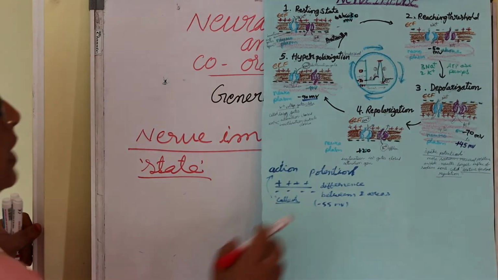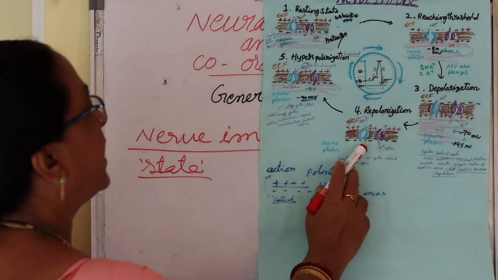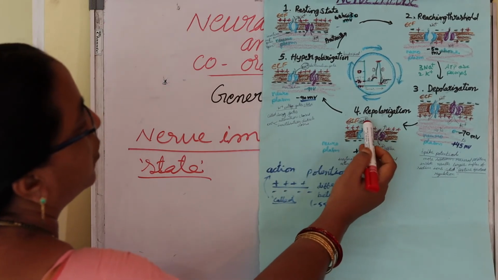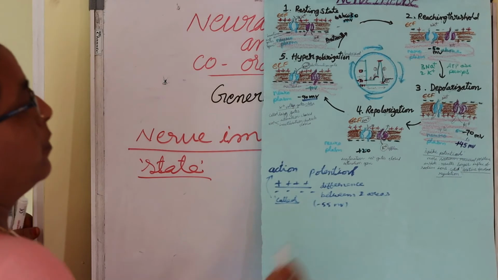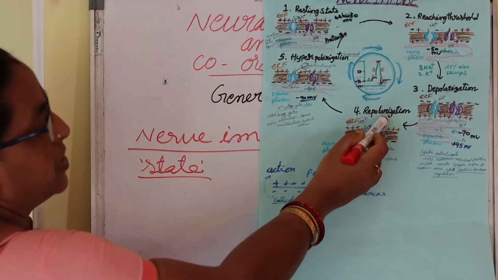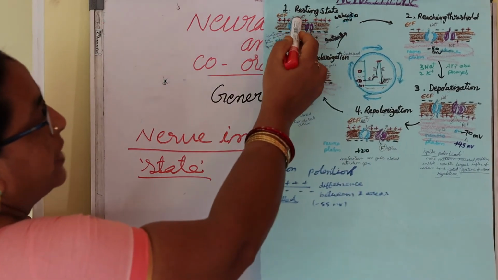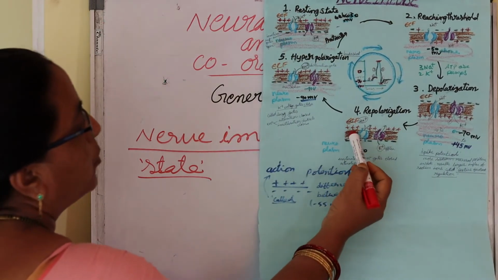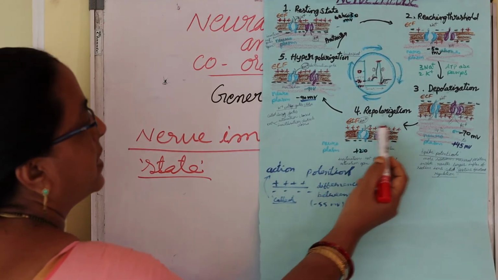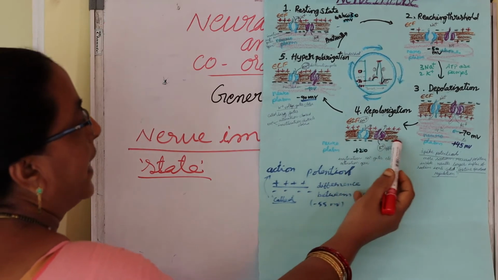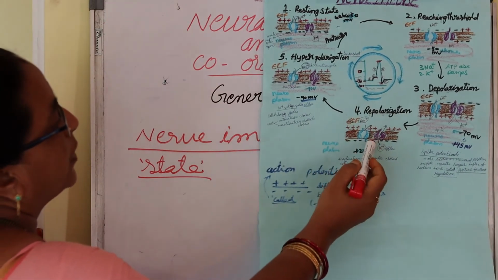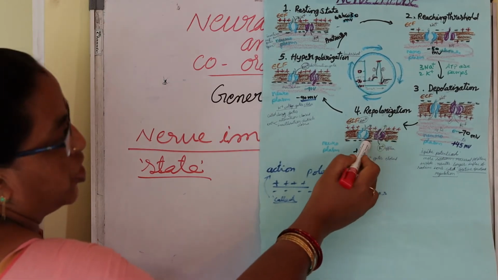The inner inactivation gates close and the sodium activation gates open. Again, as in the resting position, positive charges outside the axolemma are more and negative charges inside are more. That's why we call this repolarization.